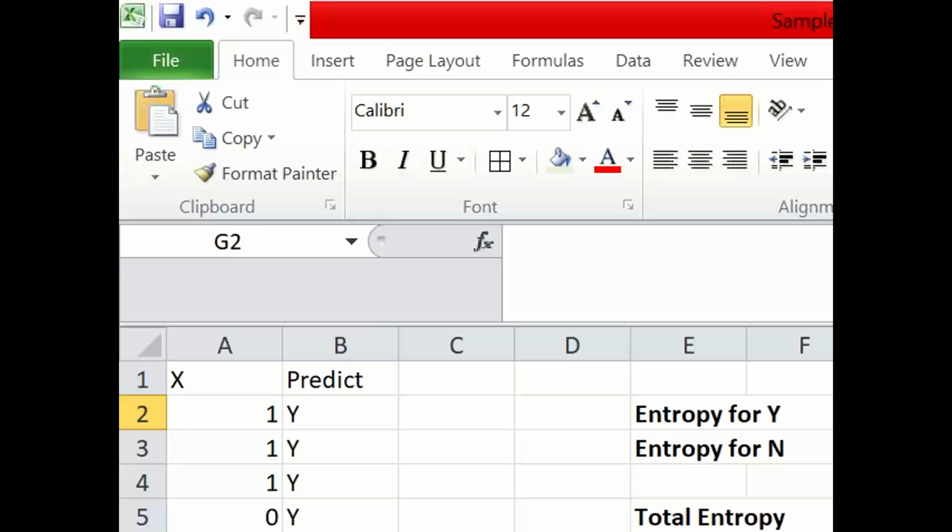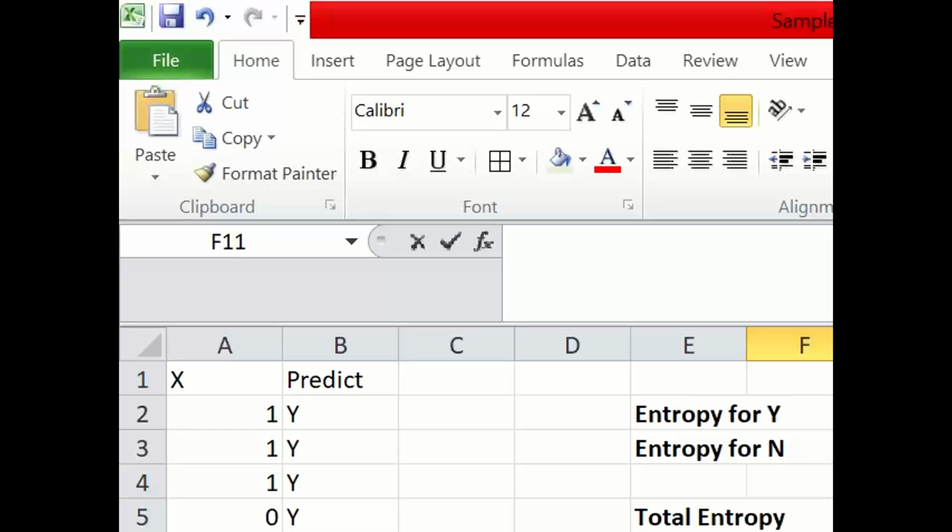So if we see how many total yes we have, if you just calculate the yes, we have a total of 7, right? We have 7 yes over here.